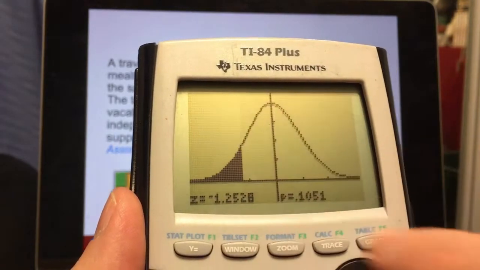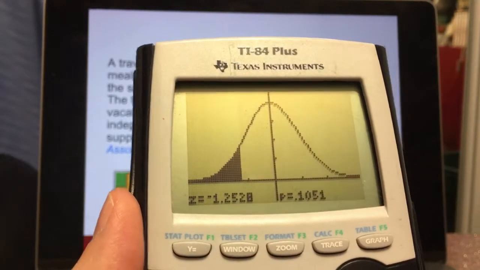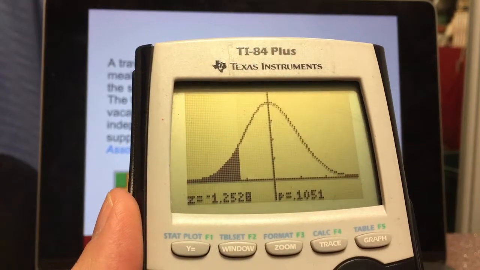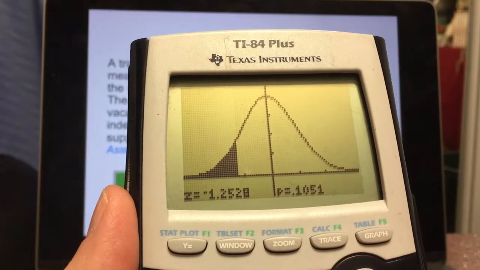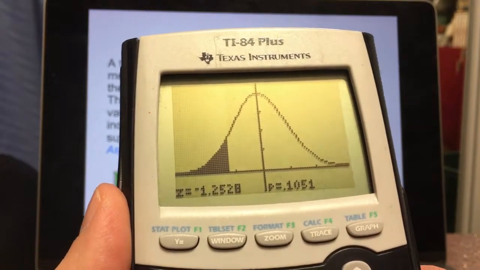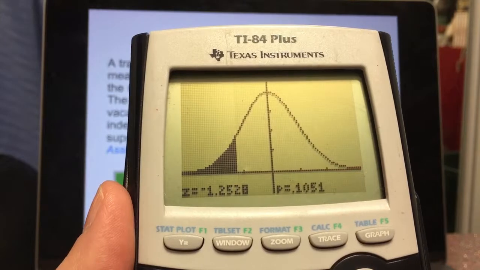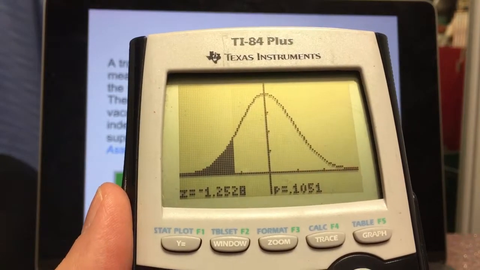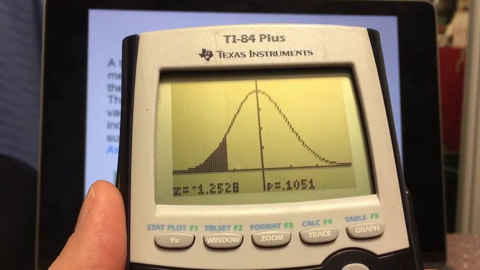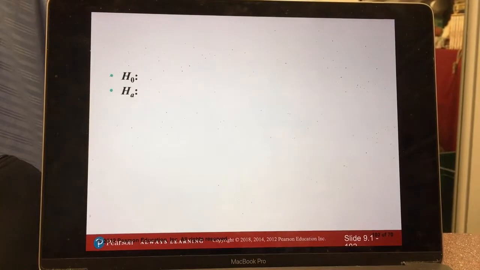It does not show me where my negative 2.33 is, but it's farther over here to the left. It just helps you see where your z-score is. It's definitely not 2 standard deviations away, is it? So it's looking like it's not abnormal, but when you compare it to the negative 2.33, you can definitely see that. Now let's look at the rest of the screens.